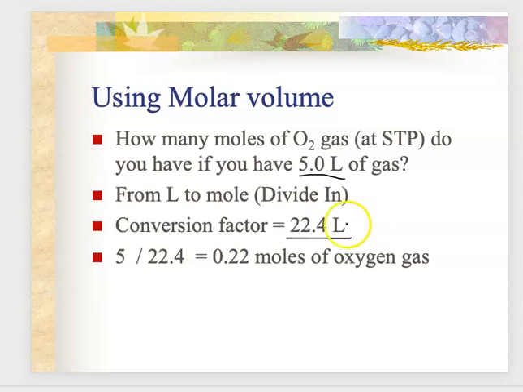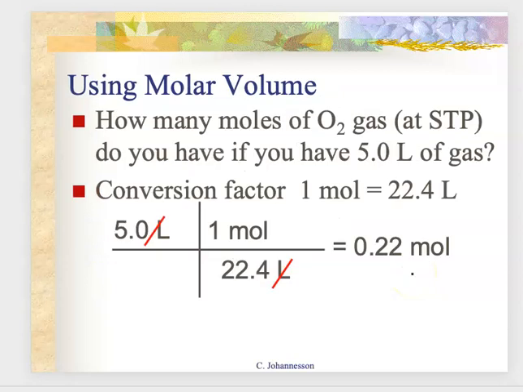So 5 divided by 22.4 is 0.22 moles of oxygen gas. It looks like I should have put 5.0 there. Hard to draw with a trackpad. And that makes the answer 0.22 moles of oxygen gas.